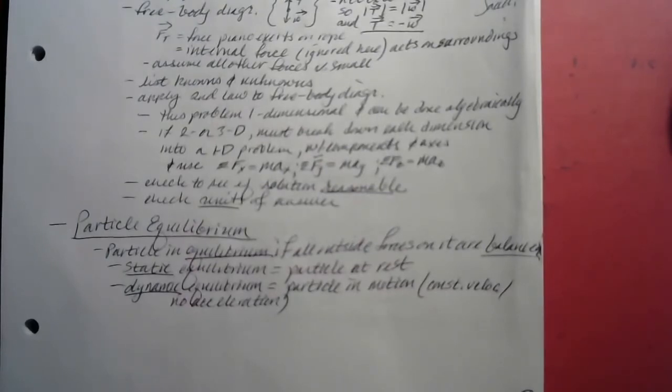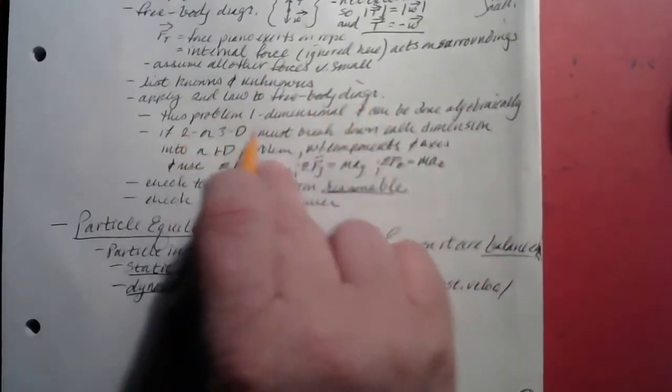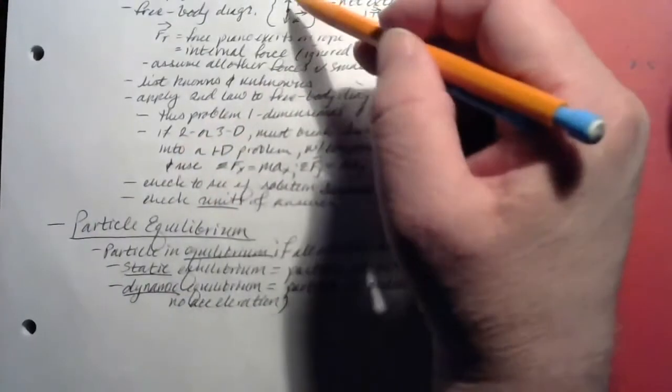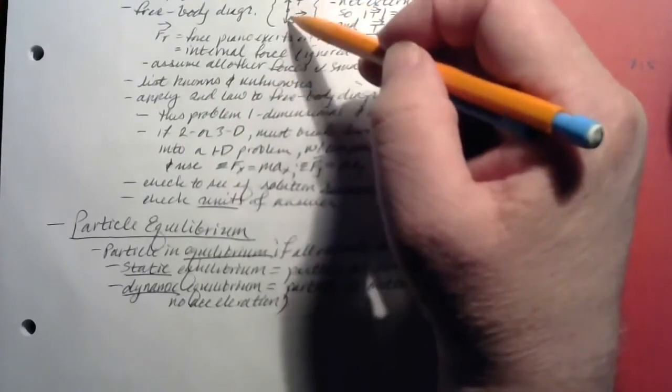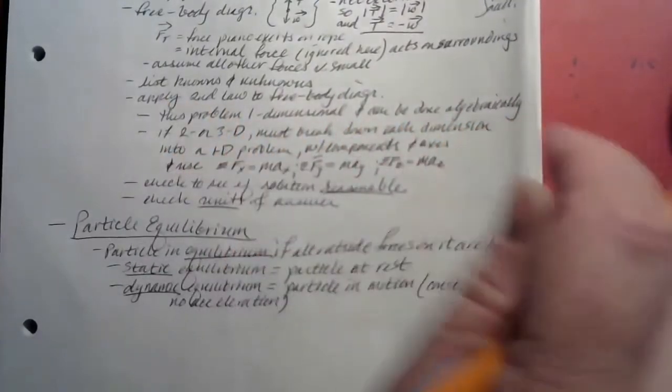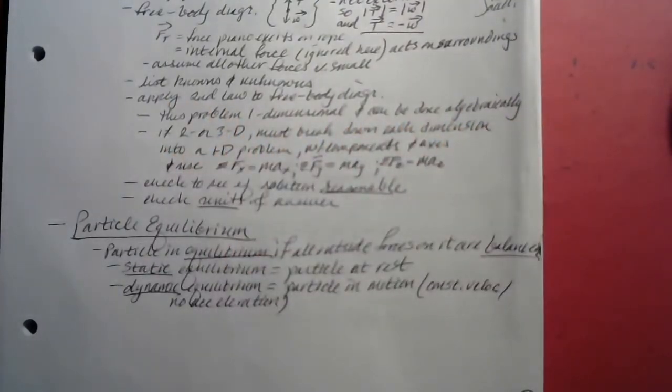So we want to list all the knowns and the unknowns, and then you can apply the second law to the free body diagram. This problem is actually one-dimensional in the vertical direction, tension pulling up, weight pulling down, and so it can be handled algebraically.